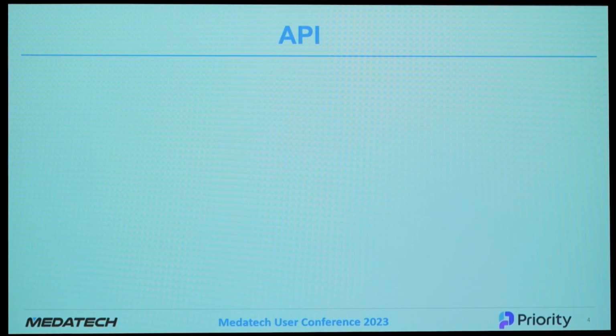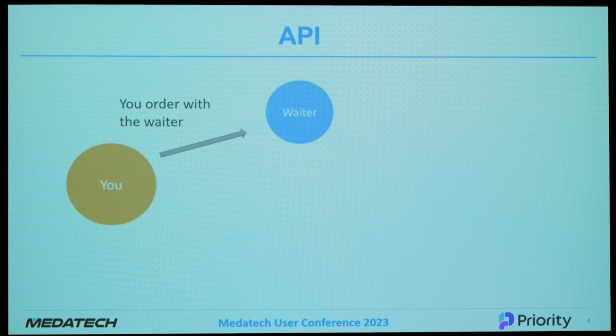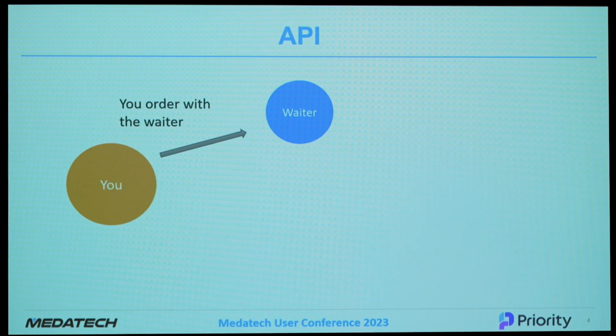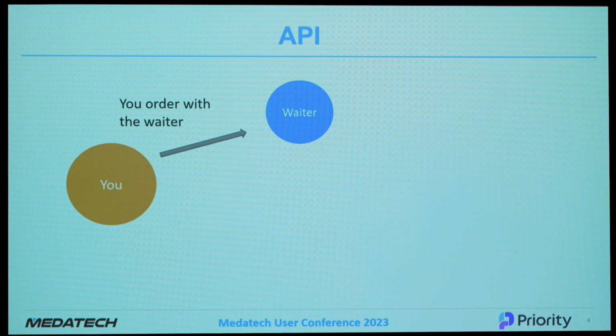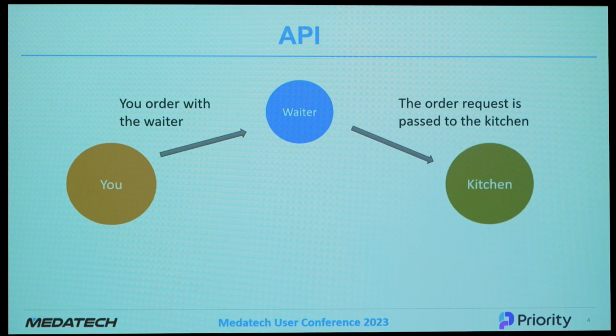So, APIs. You have heard about APIs today, I'm sure. Fodo's been over APIs, REST API particularly, but just to give you a basic breakdown, an API is pretty much like you in a restaurant. You're giving orders to a waiter. The waiter takes that order to the kitchen, it's a request.